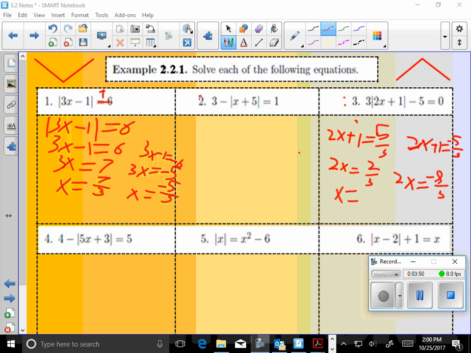So then we divide by that. That equals. All right. So then when you just solve those 2 equations, you get x equals 1/3 and x equals negative 4 over 3.